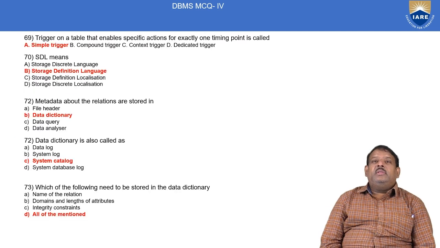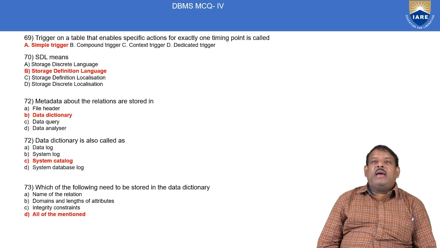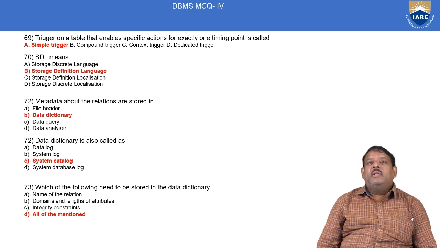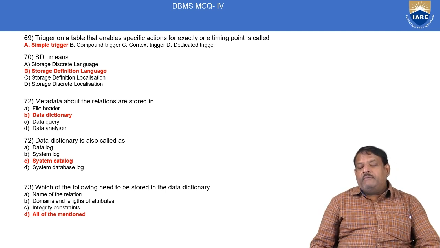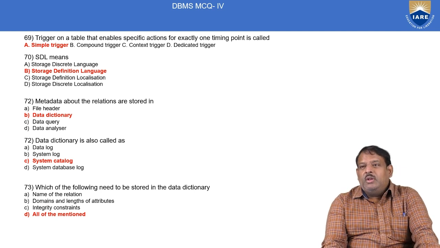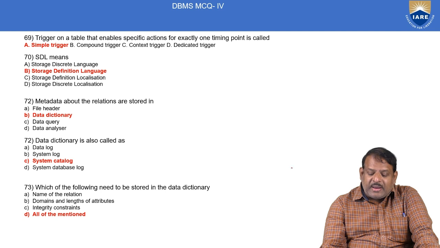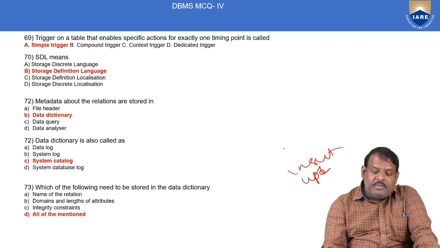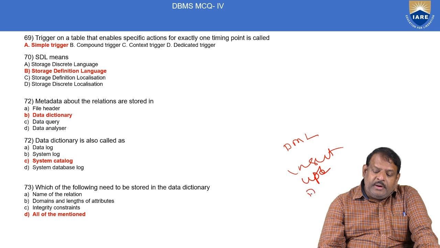A trigger on a table that enables a specific action for exactly one timing point is called a simple trigger. Triggers are executable pieces of code which are invoked on some actions. The actions are insert, update or delete; these are the DML triggers.